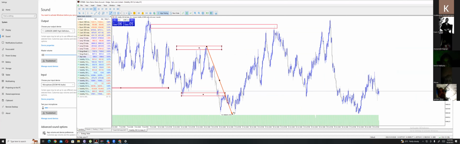So before that, we can see that high was broken. So we are saying that this order block broke this structure here that was coming from an uptrend, which was here. I guess we can now agree like this. We can now agree if we do this.